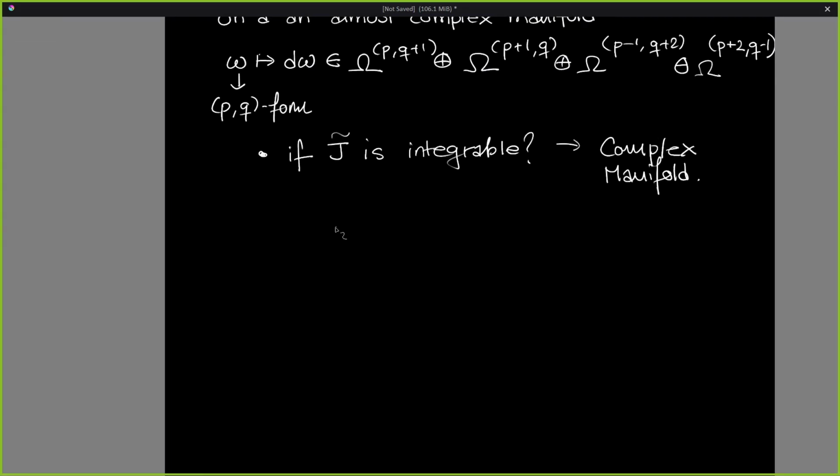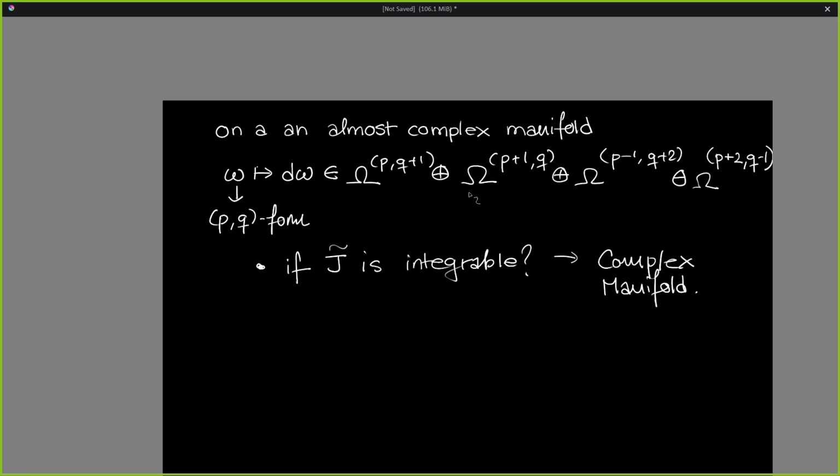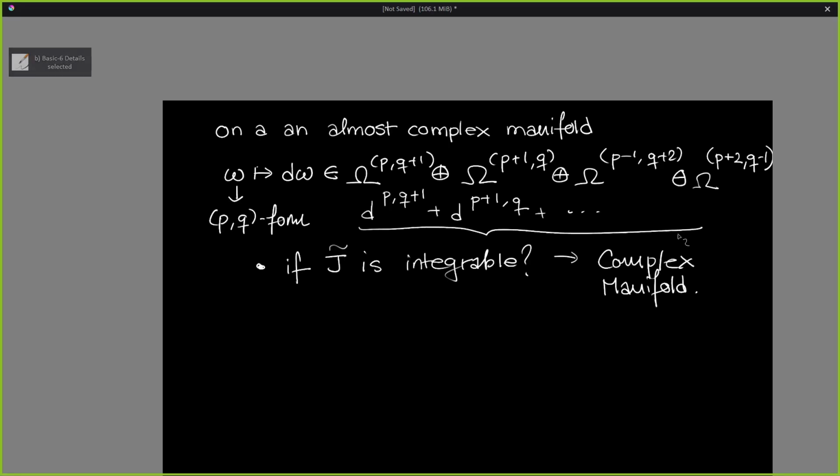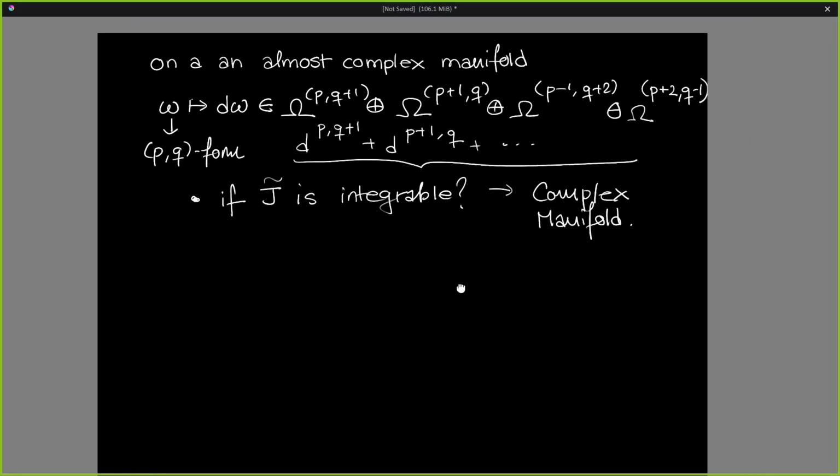Well, we weren't really able to decompose d in this manifold yet. There's something that you could do. You'd have some operator d p q plus 1 plus d p plus 1 q plus d p minus 1, etc. I'm not going to write the whole thing. You could see that there would be a decomposition of some sort. It's maybe not very popular.